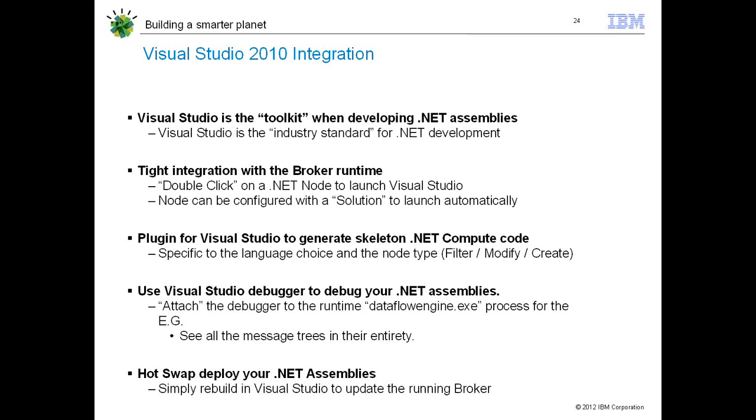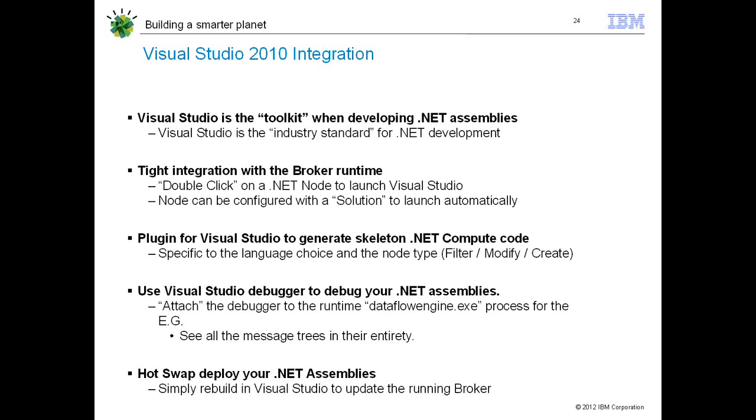So we are giving a tight integration with Visual Studio. If you are using a .NET Node in a message flow, you can just double click to open up Visual Studio, or you can even open it from the ESQL. Or, you might have developed the .NET assembly already, so you can drag and drop it to the message flow editor.